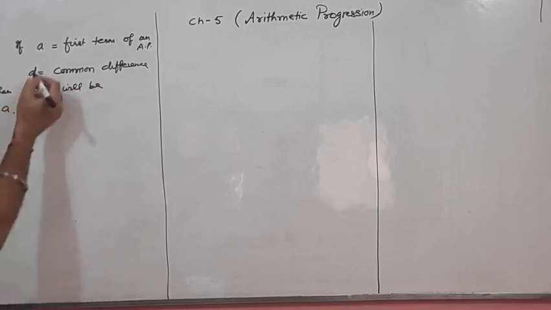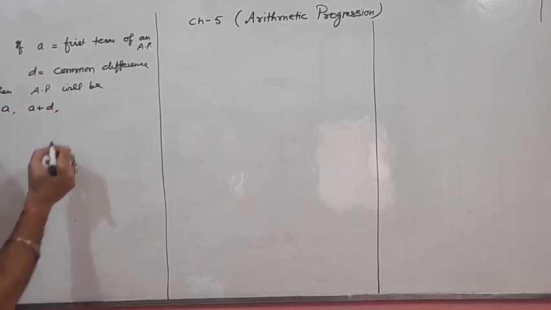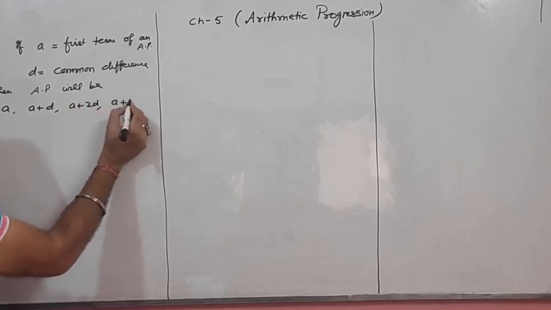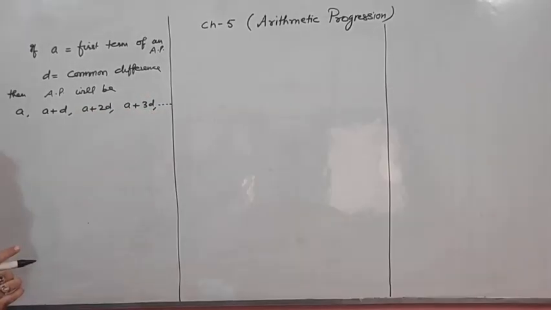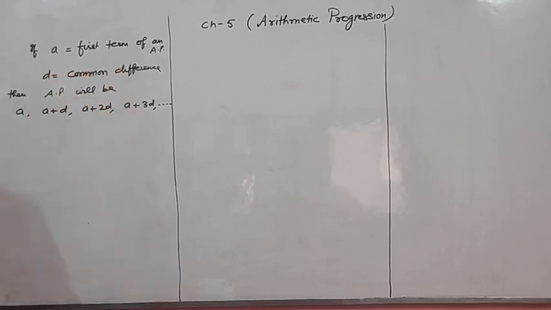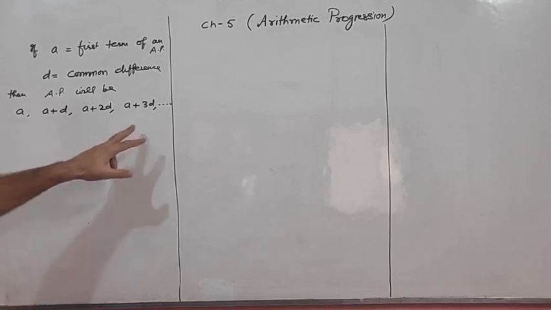First term will be A, second term A plus D, third term A plus 2D, fourth term A plus 3D. If A is the first term of an AP and D the common difference, then the AP will be: first term A, second term A plus D, third term A plus 2D, fourth term A plus 3D.